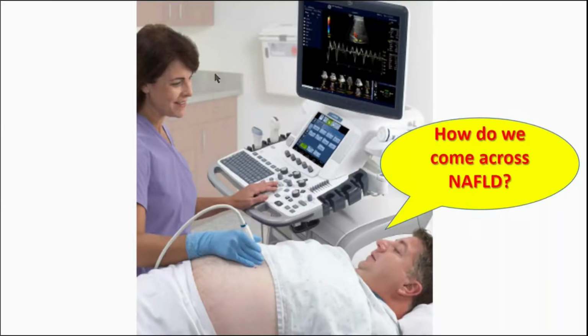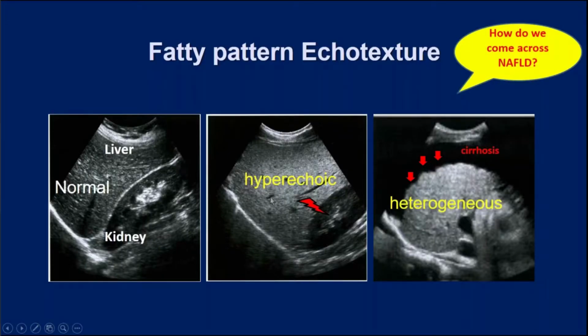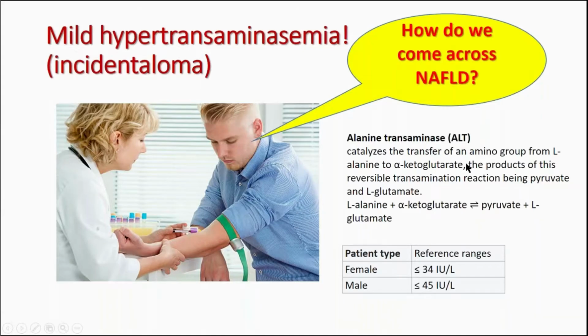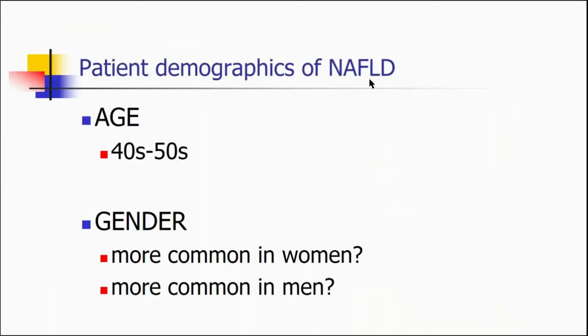Now, how do we come across NAFLD? Usually, this is an ultrasound finding. We will hear more. Hyperechoic liver or heterogeneous parenchyma with already liver cirrhosis, or a mild hypertransaminasemia as a kind of incidentaloma, especially ALT increase in serum. And the age is around 40, 50s, and as for gender, there are studies showing the disease is more common in women, and others in men.